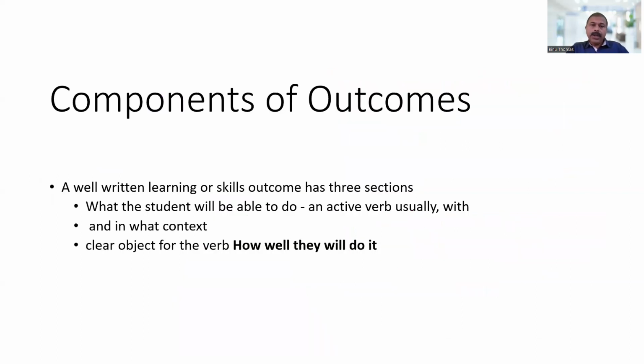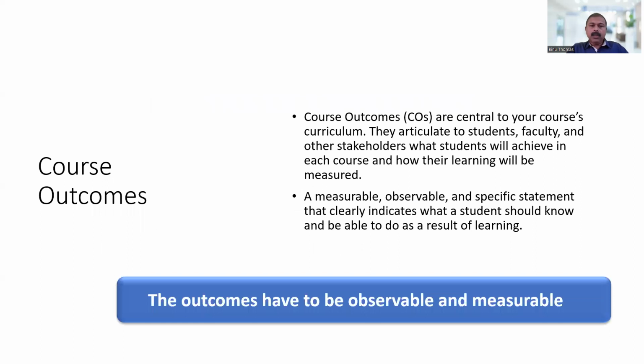So again, coming to the definition, learning outcomes must have at least three components. It must say what the student will be able to do by using a verb, in which context the student will be doing this, and a clear object for the verb, which says how well the student will be able to perform this.